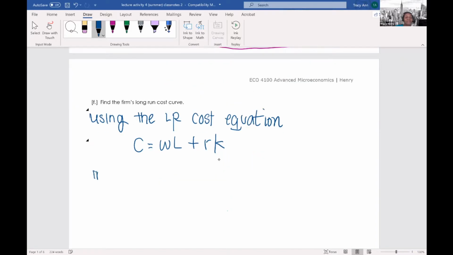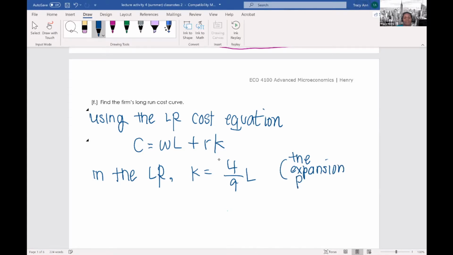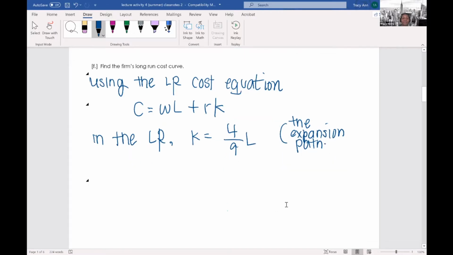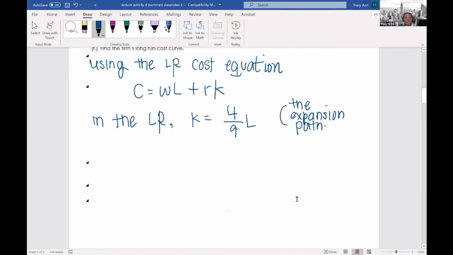So in the long run, capital is equal to 4/9 of L, which is the expansion path. So we can substitute this into our cost equation.